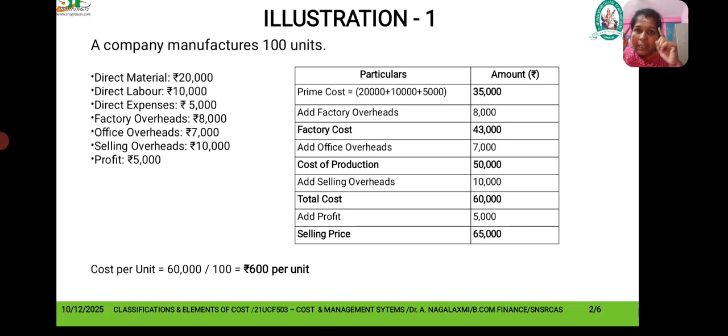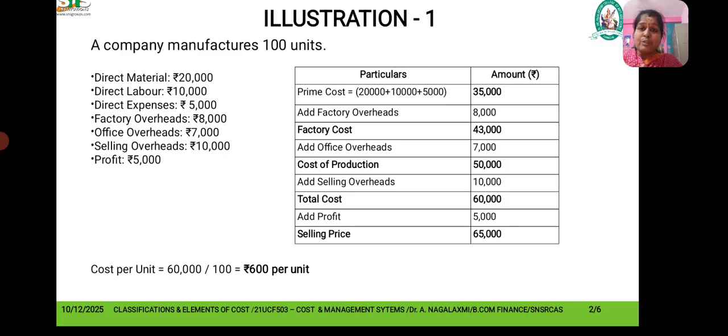So we determine the prime cost first. Now we are going to add the factory overheads, which is given as 8,000 rupees in the sum, in order to find out the factory cost or works cost. We got 35,000 rupees as prime cost plus factory overheads 8,000. We get factory cost as 43,000 rupees.